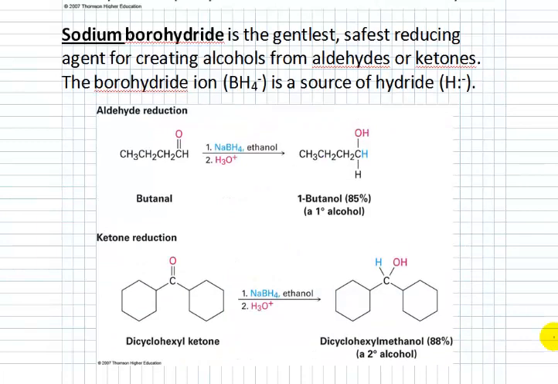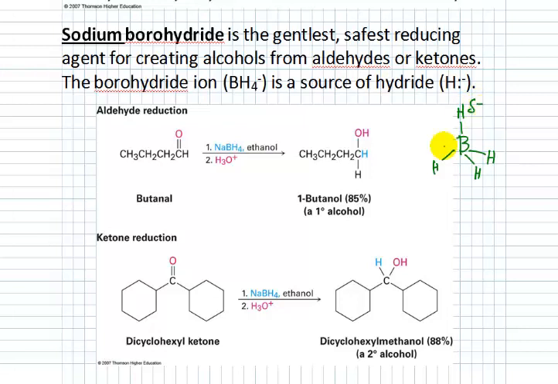The key reagent we use for reduction is sodium borohydride, so NaBH4. So that's a very gentle, very safe reducing agent. It makes alcohols out of aldehydes or ketones. So the borohydride ion, it's BH4 minus, it's tetrahedral, right? So boron has a negative formal charge to it, but hydrogen is more electronegative than boron.